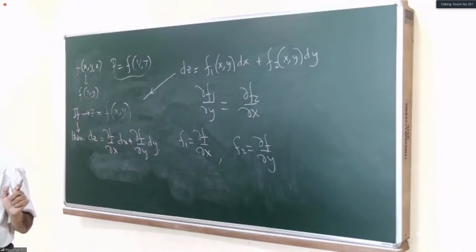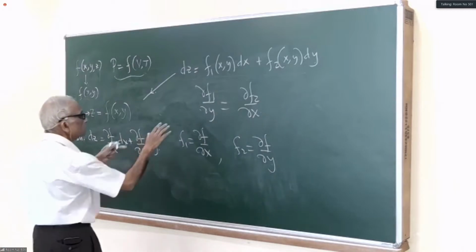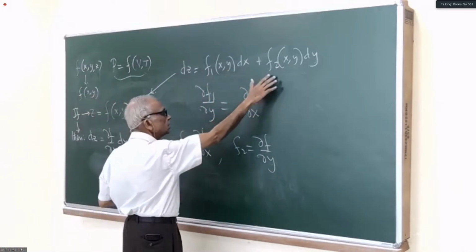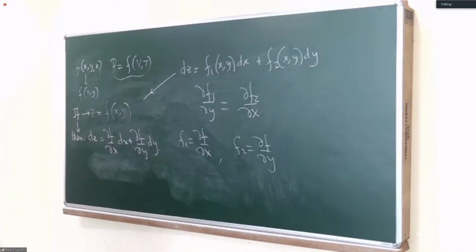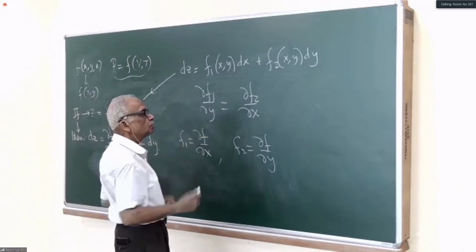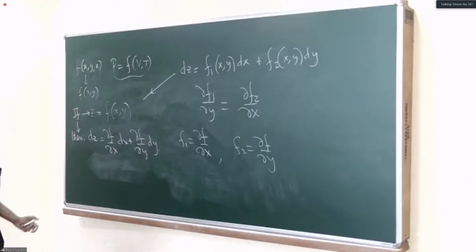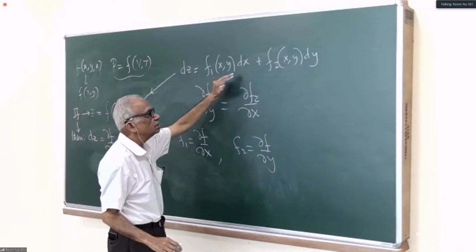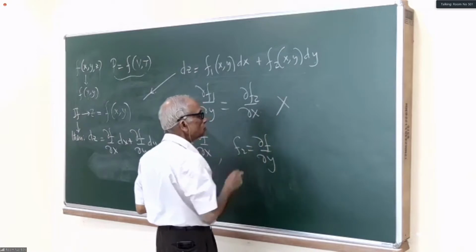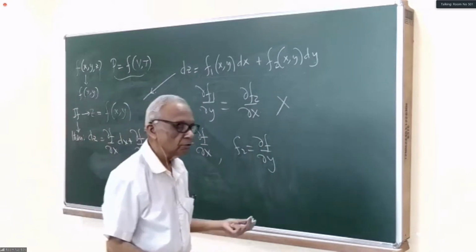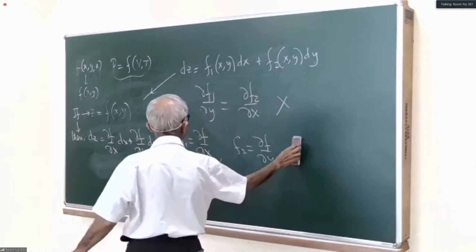That is the question. With a function of two variables, so long as this works, your dz is this and life is perfect. But the moment you have a dz where this does not work, I give you only dz, that is all that you know, I have prescribed dz in this form and this does not hold, then what are you going to do? That is the question.